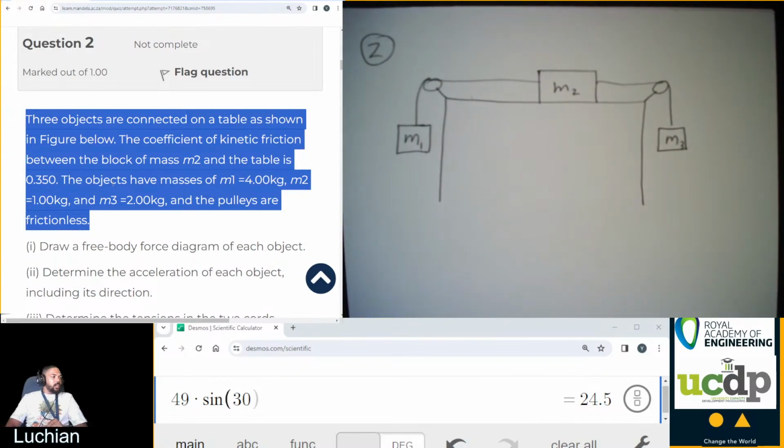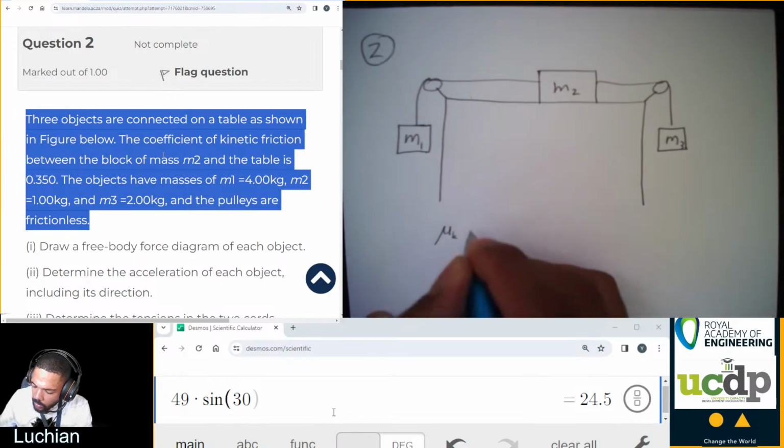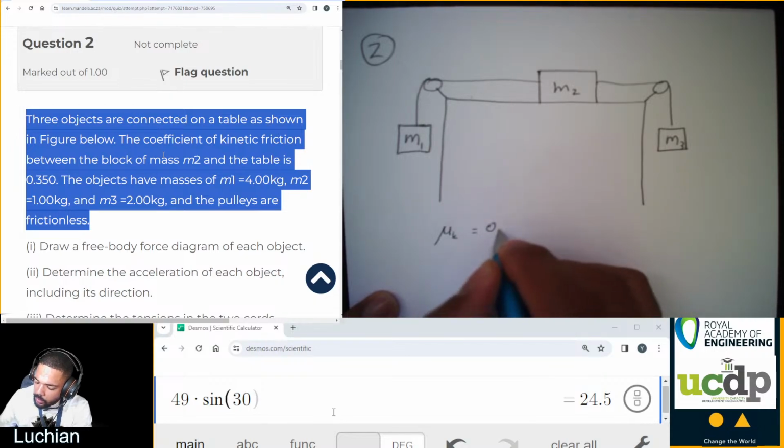Okay, and they are saying the coefficient of kinetic friction between the block of mass M2 and the table, so mu k, is equal to 0.350.